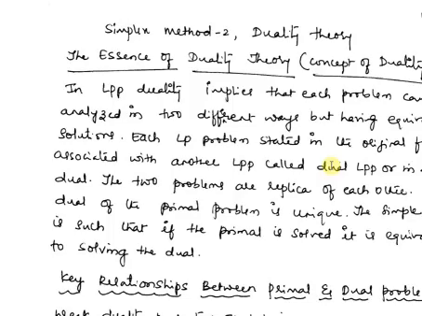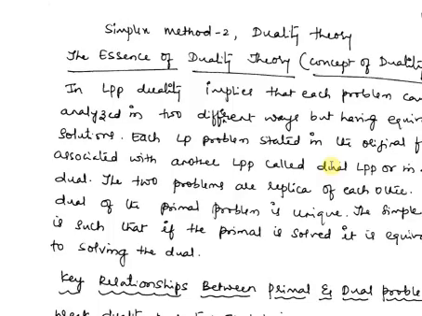In simple words, just to give an analogy: so far we have learned how 3 multiplied by 5 is 15, and in this module, duality theory, we'll be learning how 5 multiplied by 3 is also equal to 15. This is a very simple analogy that I am trying to give you here in very broad terms.